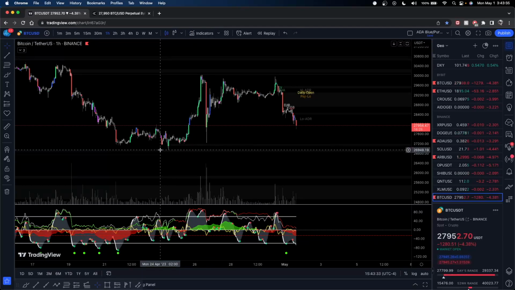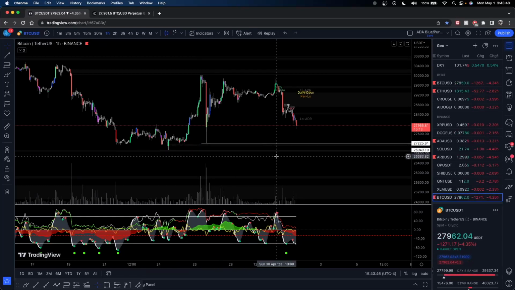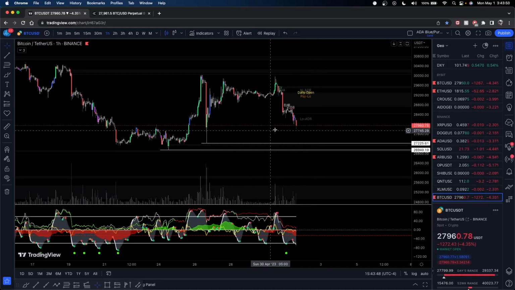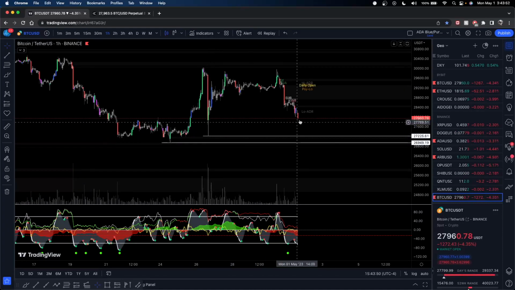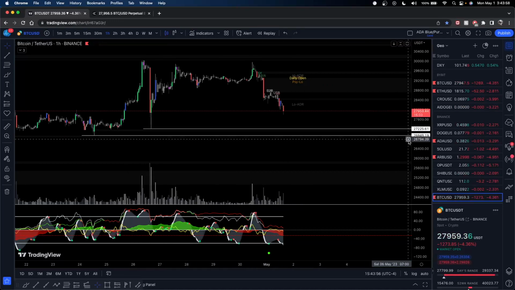After doing your TA and whatever, here's a swing failure pattern that they could come for. They could also swing failure pattern this wick here if they continue to move downwards. Which, being objective, they don't need to come down to this. They can, but they don't need to. There isn't enough liquidity here for me to be like, okay, they're coming for sure.